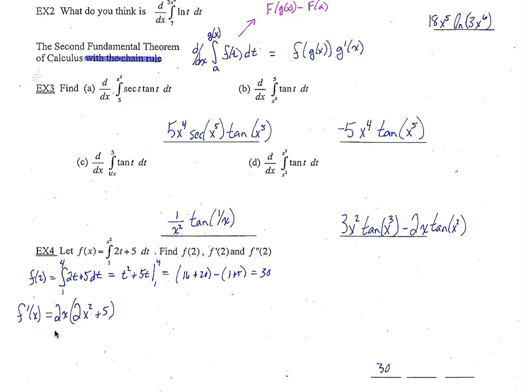So then f prime of x is equal to 2x times the quantity 2x squared plus 5.